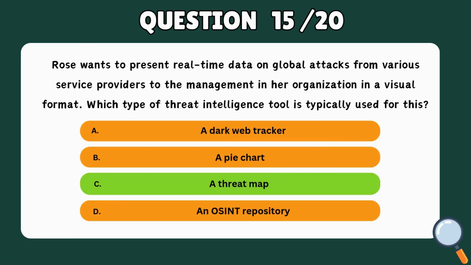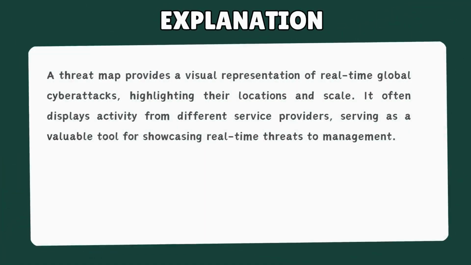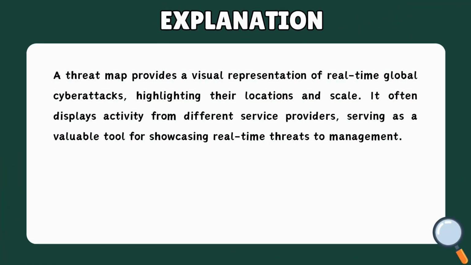Correct answer. C. A threat map. A threat map provides a visual representation of real-time global cyber attacks, highlighting their locations and scale. It often displays activity from different service providers, serving as a valuable tool for showcasing real-time threats to management.